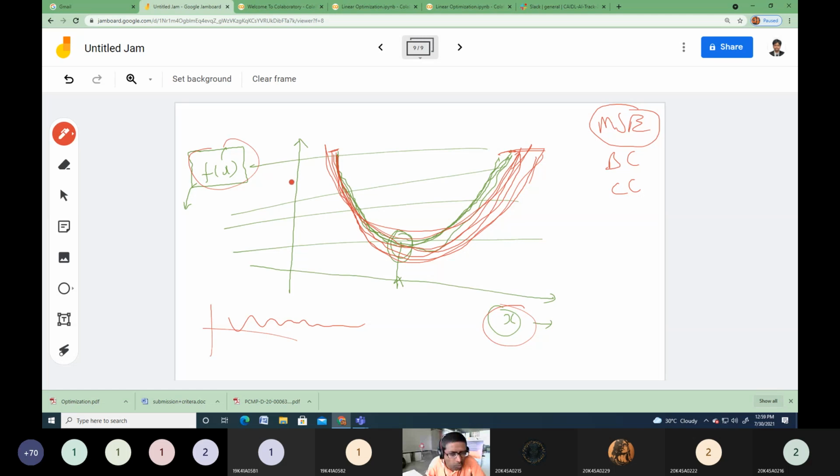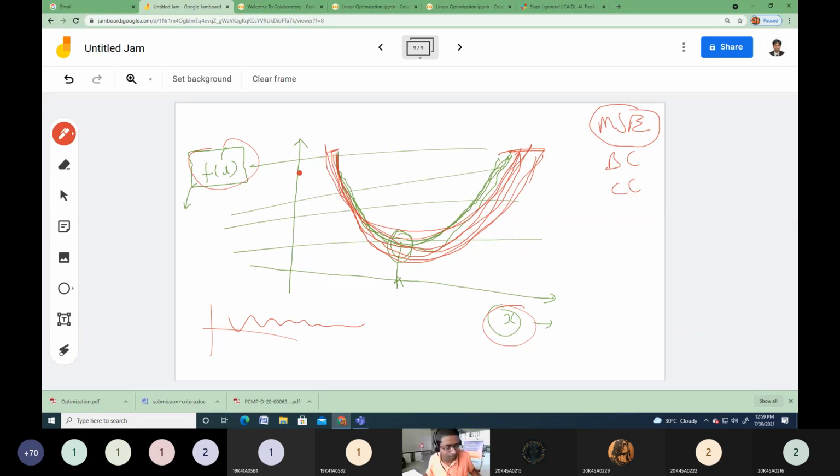Okay, so one more question I want to ask you. Suppose your objective function, your error function, is a convex function. I'm giving one statement, and you can say whether it is true or false.